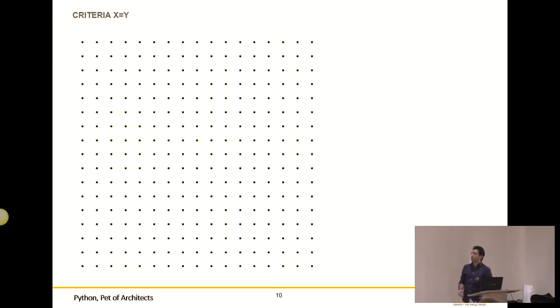Imagine a grid of points, and we had a criteria to make this grid. What's the criteria? The criteria to organize these points are, for example, same x and y, same direction of x and y.